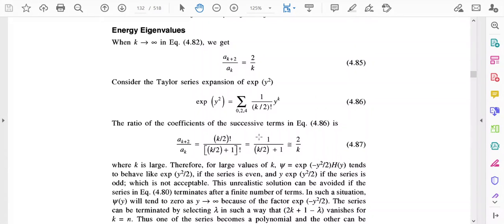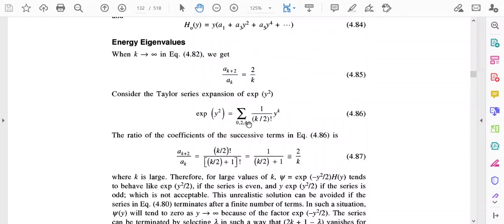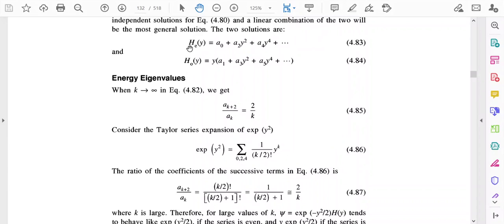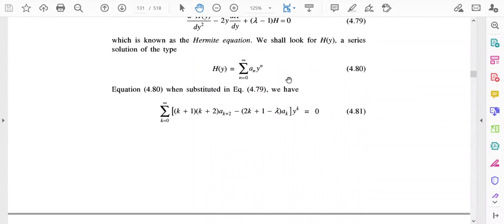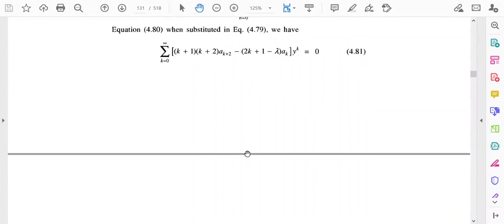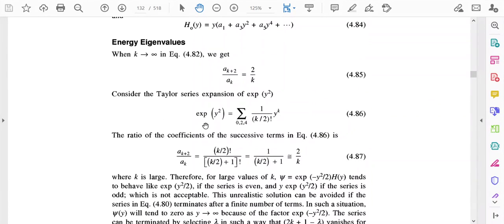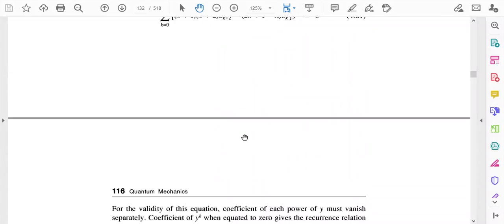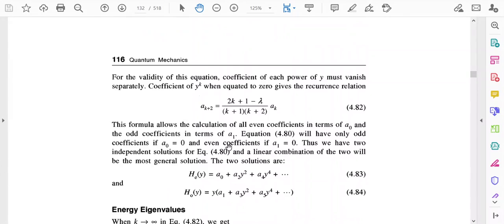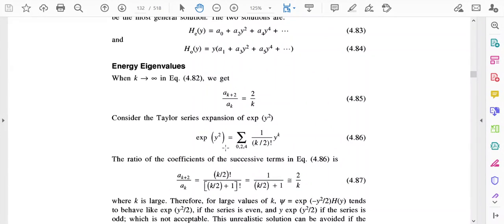The conclusion is that the function H(y) that we have assumed, expressed in equation 4.80, actually behaves like e to the power y square. Why? Because we have already checked that if we express e to the power y square in a Taylor series, then the ratio of the coefficients of the successive terms is the same as for the function H(y) expressed in this equation. That is why we are saying that H(y) behaves like e to the power y square.